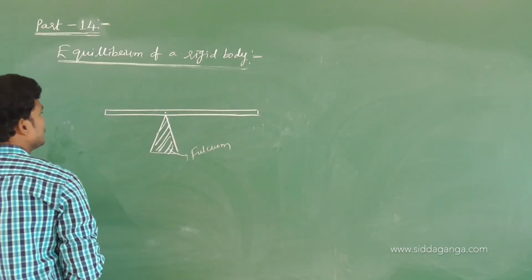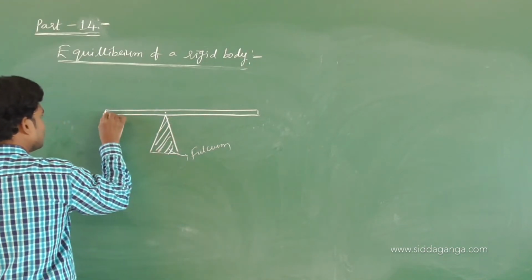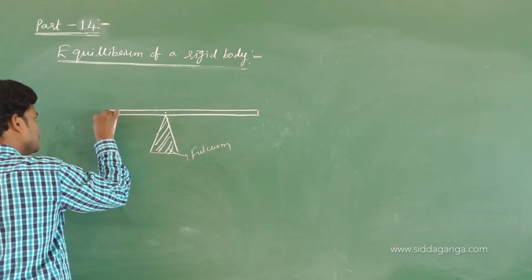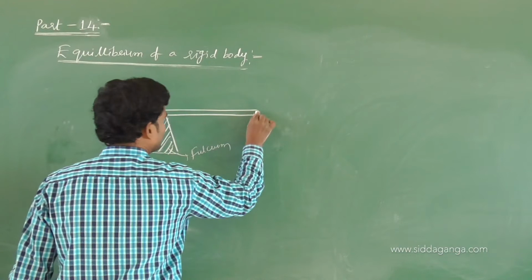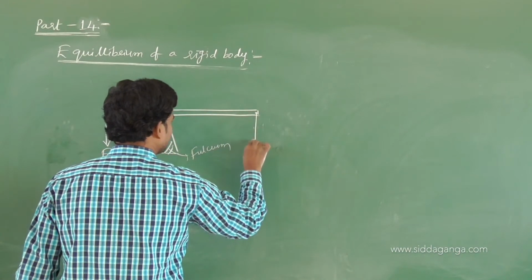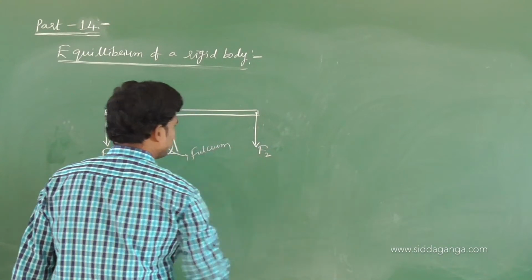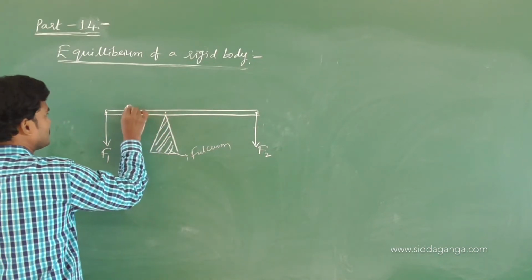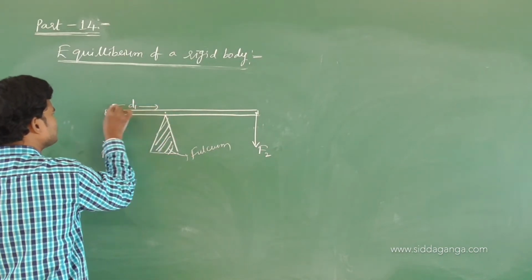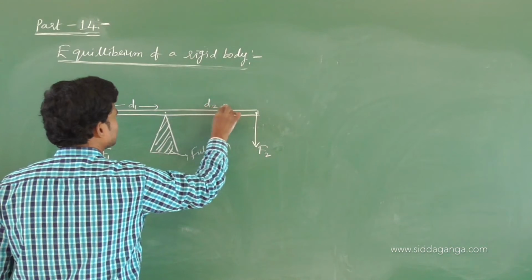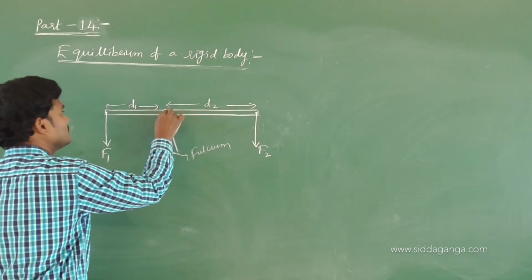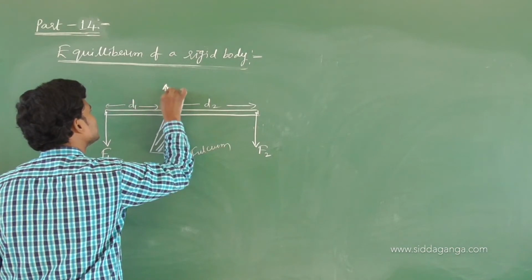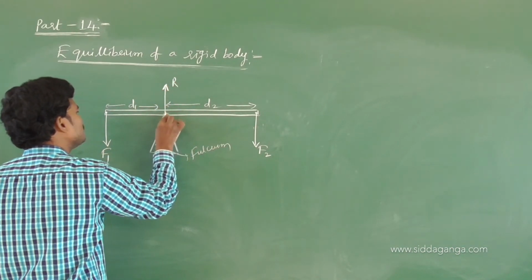Now here, if a boy is sitting like this, let us suppose he is applying some force, let us consider F1, and here one more boy is sitting, applying one more force F2. Let us suppose from the fulcrum, this is at a distance of D1 and this is at a distance of D2. The fulcrum will apply some reaction force like this, in between the two.